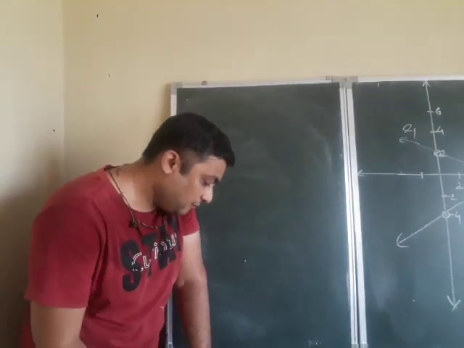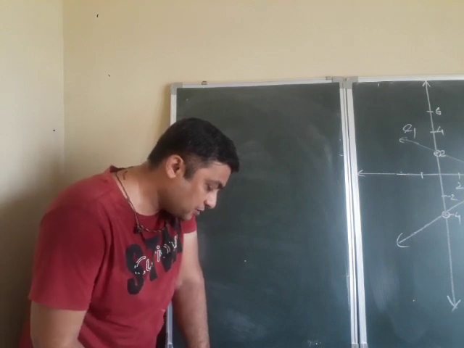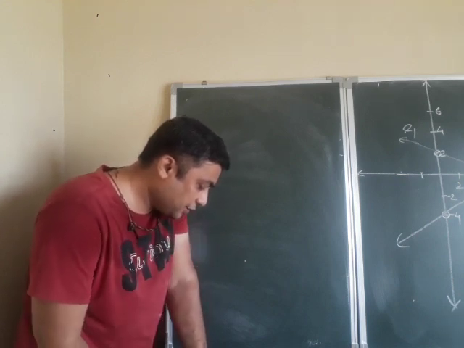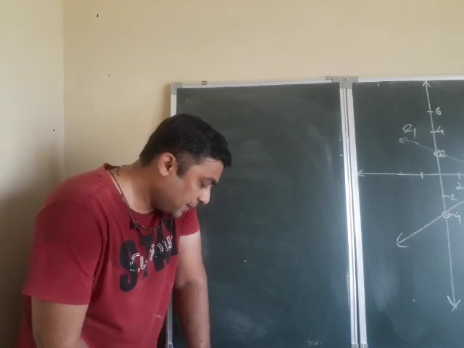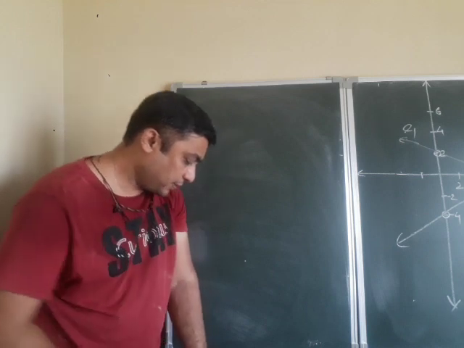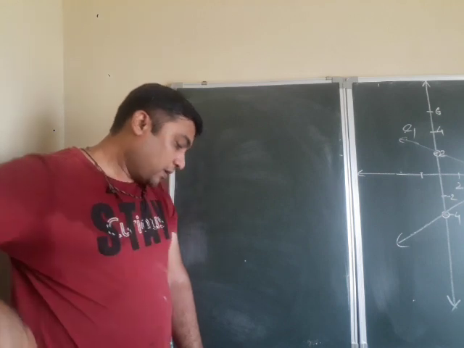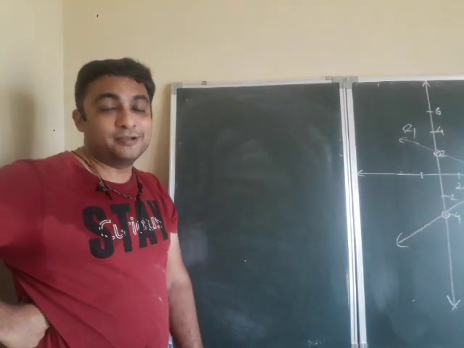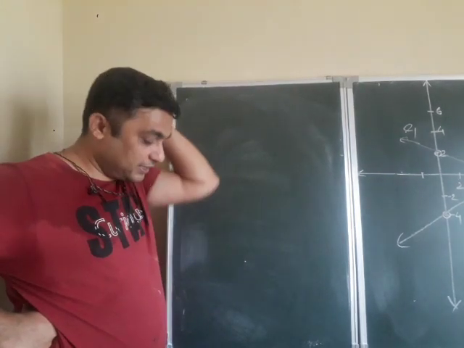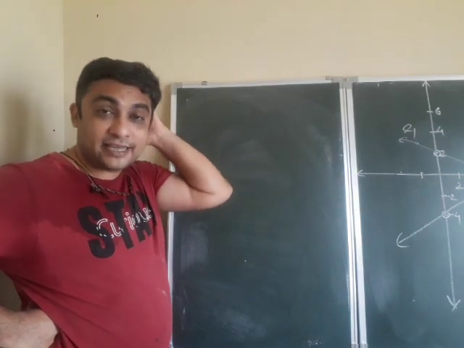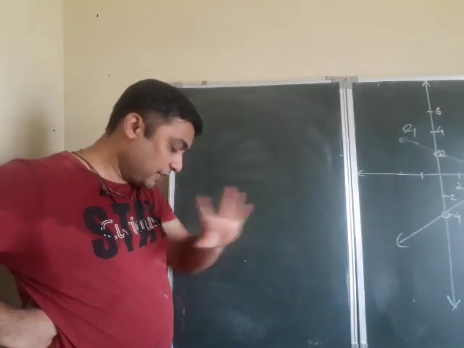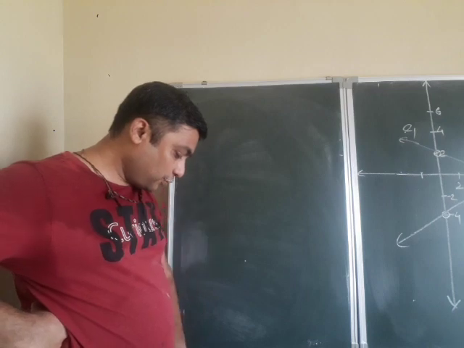Graphically find whether the following pair of equations has no solution, unique solution or infinitely many solutions. You have to draw the graph and check whether they are intersecting or parallel. I think you can do it yourself. So example 5 is for your homework.